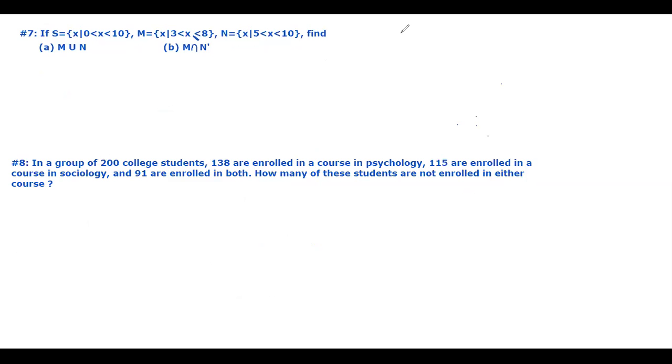In order to do this, let me draw it. This is my sample space. Let's say this is 0, and this is 10, so my sample space X is from 0 to 10.